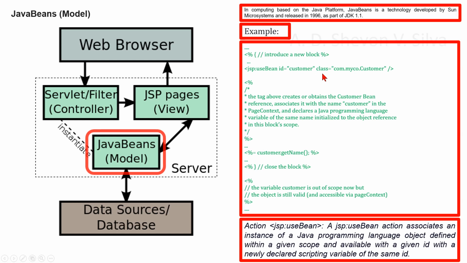And here you can see the class attribute, the fully qualified name of the class that defines the implementation of the object. The class name is case sensitive. If the class and beanName attributes are not specified, the object must be present in the given scope.